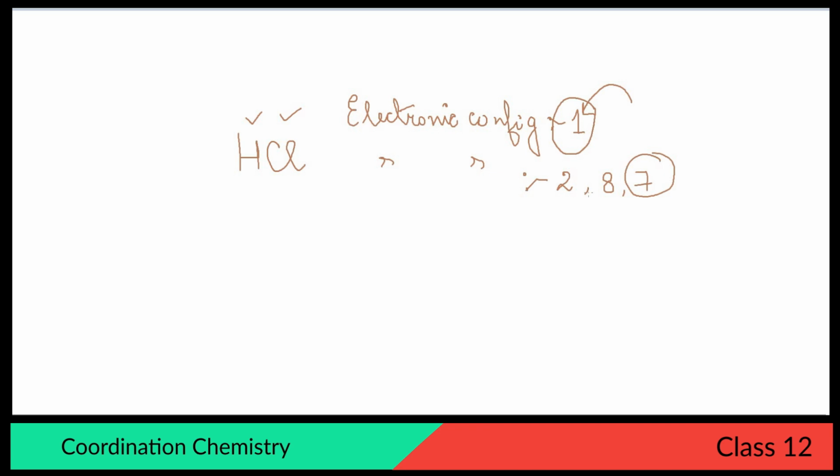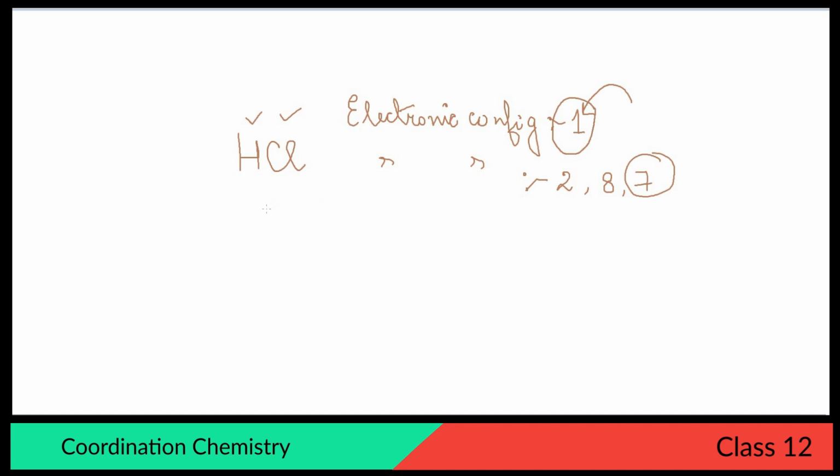So, the question that had come in our minds that HCl might undergo an electrovalent bond is not true, right? So, how would we justify the bonding of HCl? HCl here will undergo covalent bond.